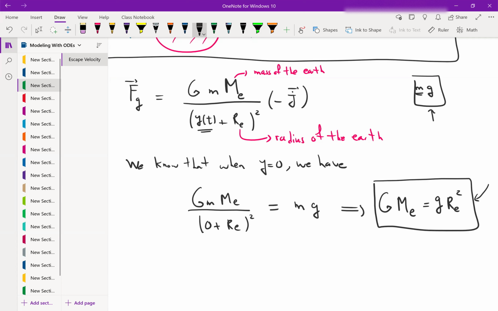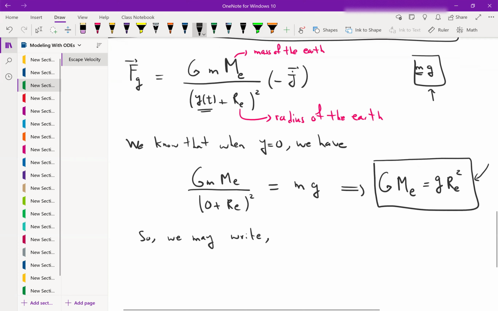Now that I know this, let me rewrite my Fg. So we may write this force in terms of quantities that we are more familiar with, namely this little g.